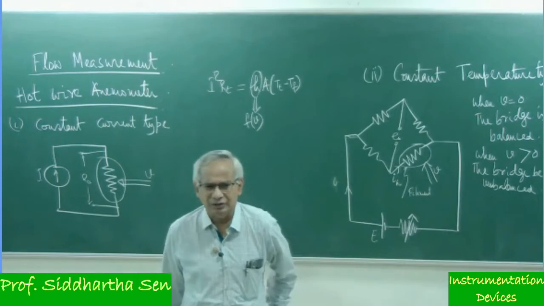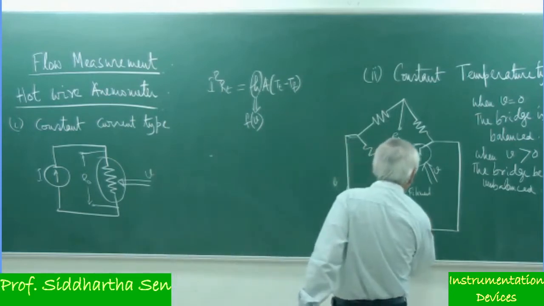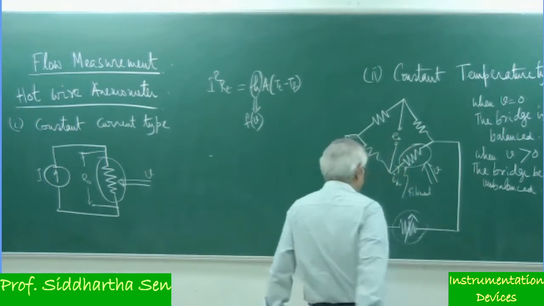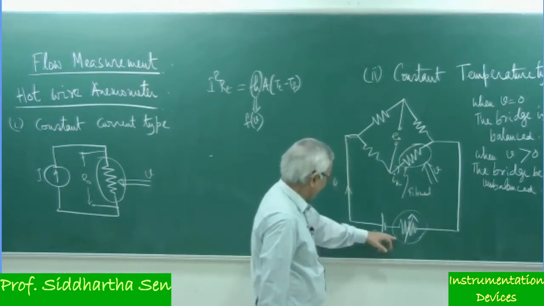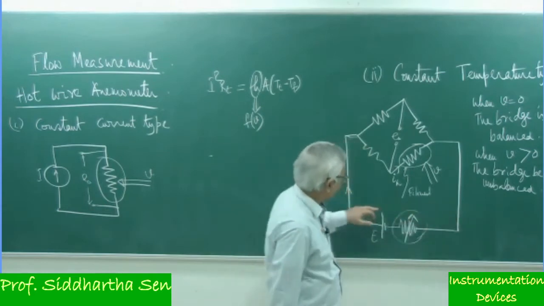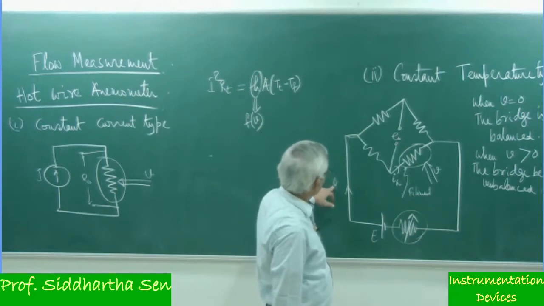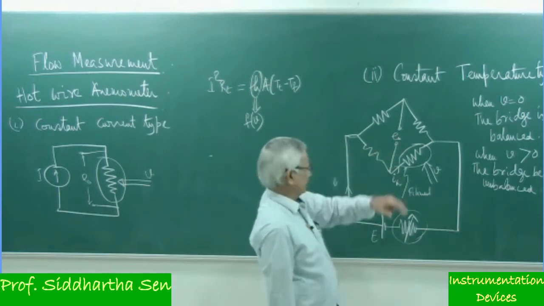But instead of that, what is done is that we vary the battery voltage across the bridge. Or rather, we can say we vary the current flowing through the bridge.